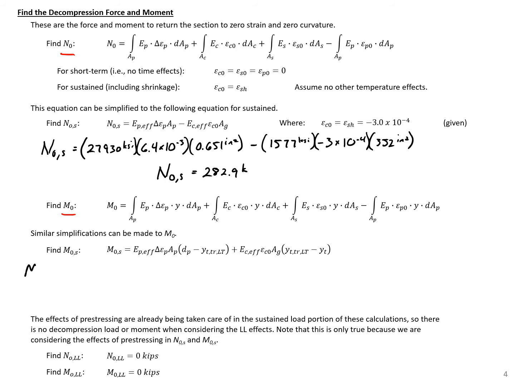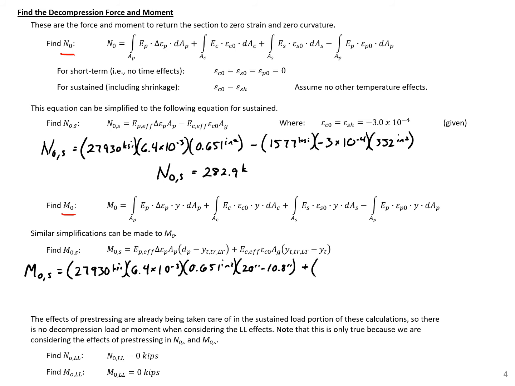Next, we can find our M sub naught S. So we'll get this value to equal 27,930 KSI times our locked-in pre-stressing strain, 6.4 times 10 to the negative third, times the area 0.651, times the distance between the centroid of our pre-stressing and the transformed long-term centroid of the section, 20 inches minus 10.8.